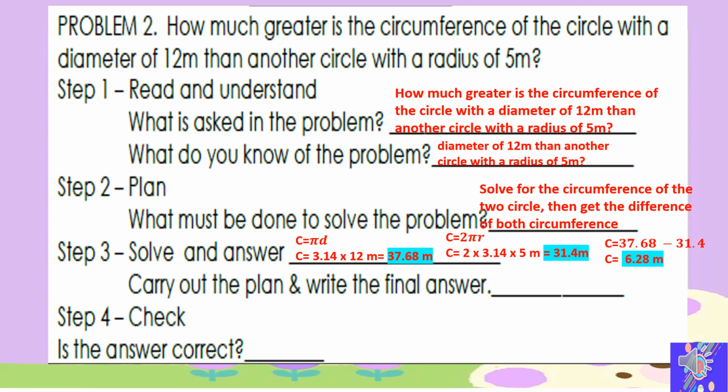So if you find the difference, you will get 6.28 meters. And the circle with a diameter of 12 meters is 6.28 meters greater than a circle with a radius of 5 meters.